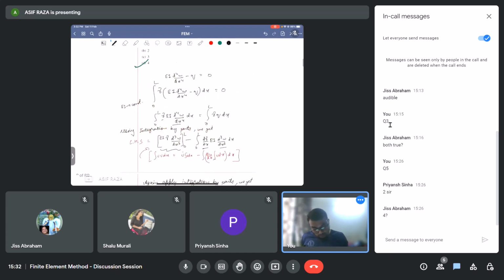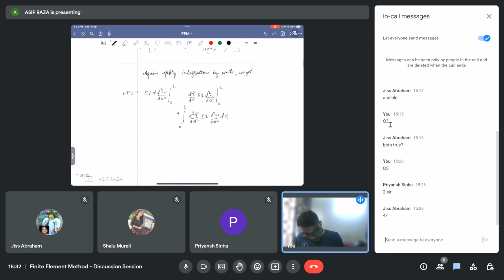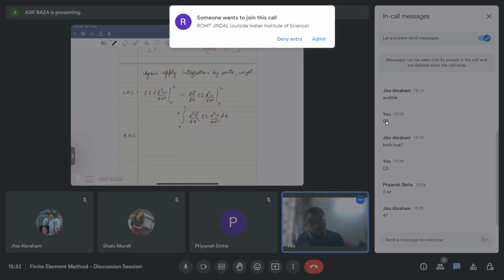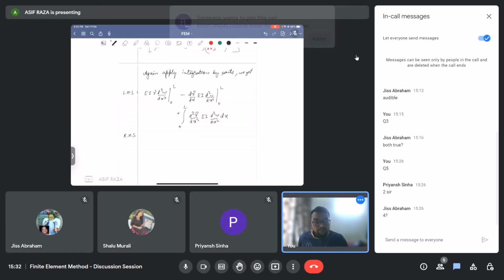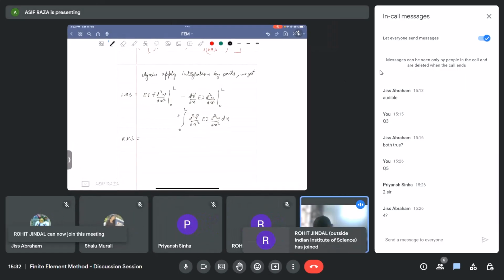So as you see, RHS we have as integration of 0 to L gamma Q dx.